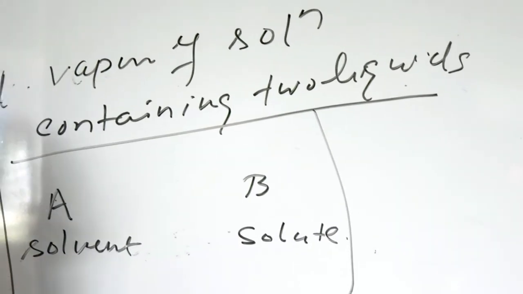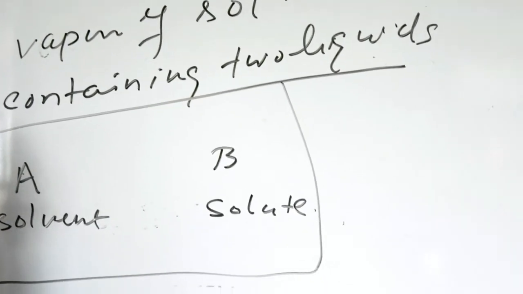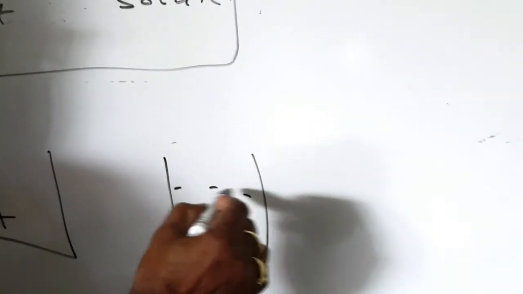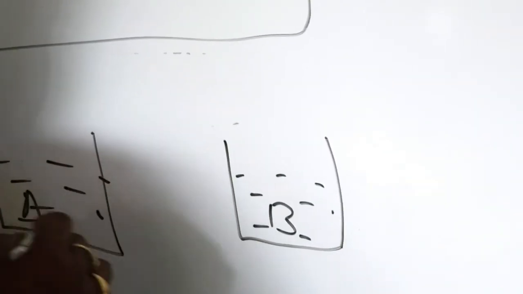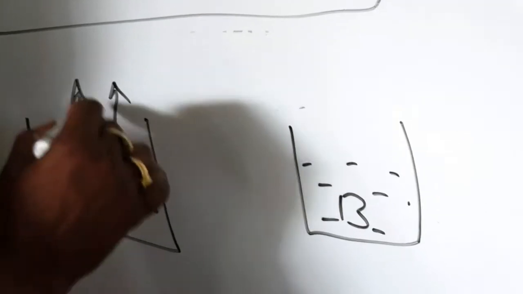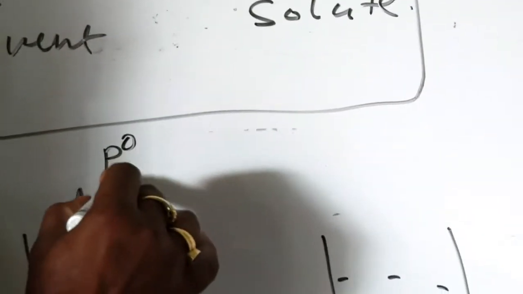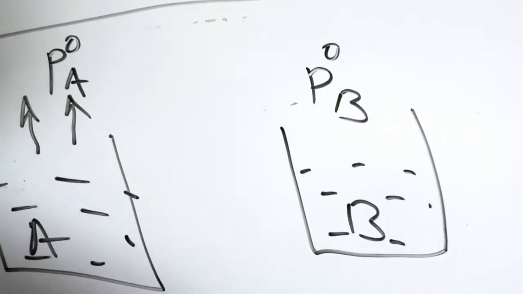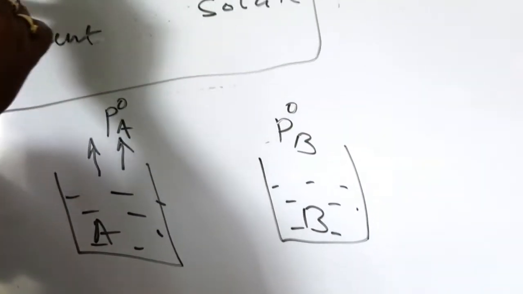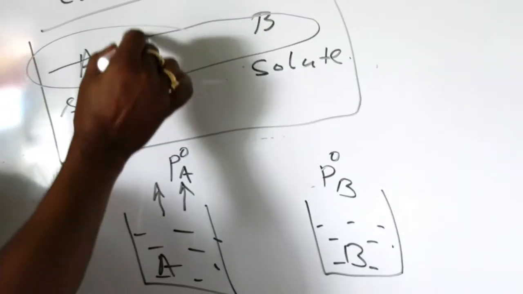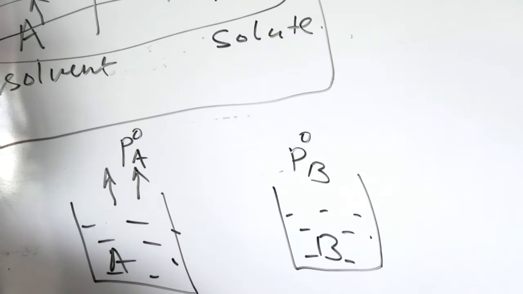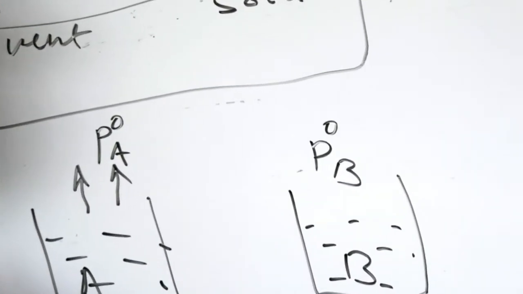So let's consider the individual ones. Individually, A is here and B is here, in the pure state. In this pure state, the vapor pressure of A is called P0A, and that of B is called P0B, at a particular temperature. When these two are mixed together, the vapor pressure of these two from the surface will be removed, and in this case, simply for an ideal solution, we can apply Dalton's law.